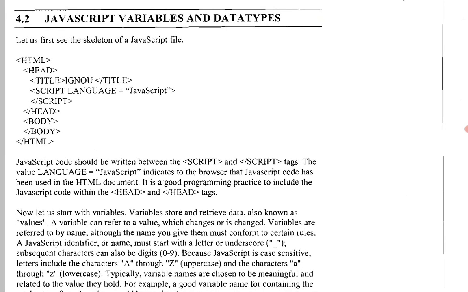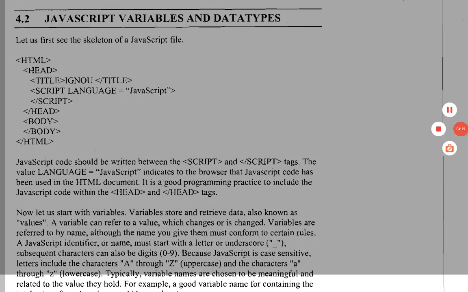This is a simple example of JavaScript embedded in HTML code. HTML, head, title, /title, script language equals within quotes JavaScript, /script, /head, body, /body, /HTML. Generally JavaScript is a scripting language which is used to embed or insert anywhere in an HTML program.